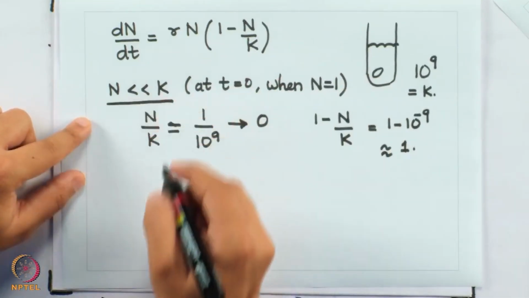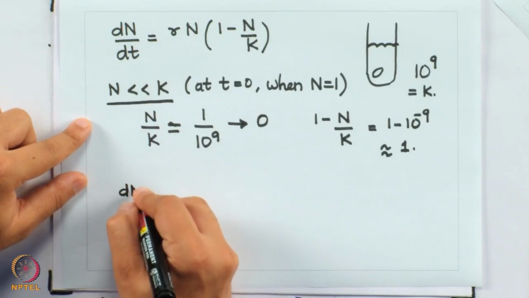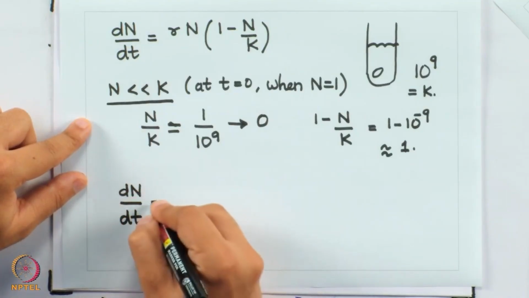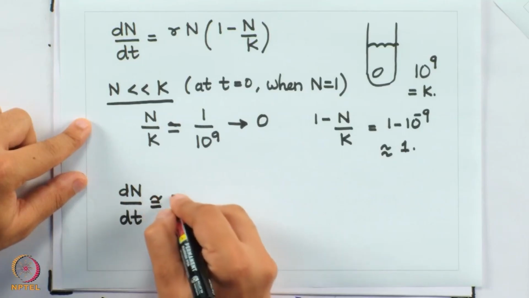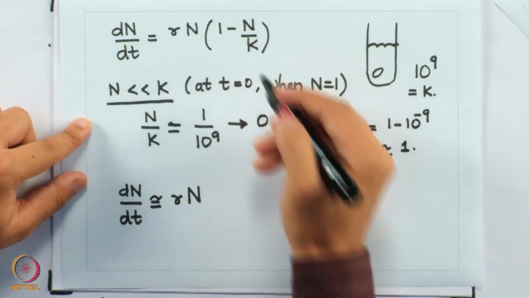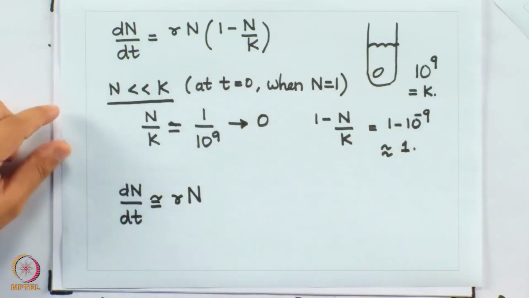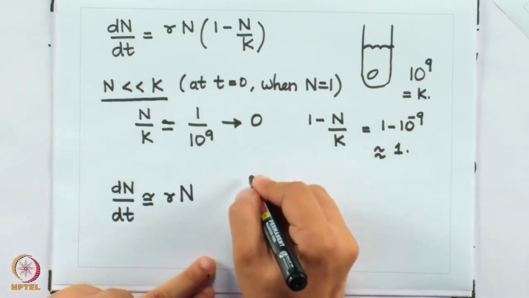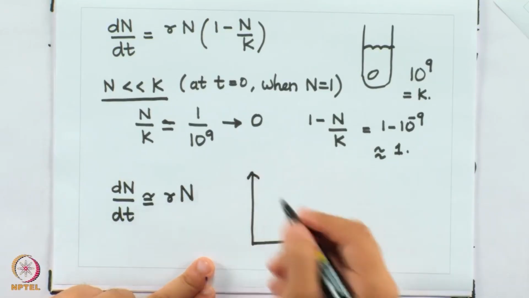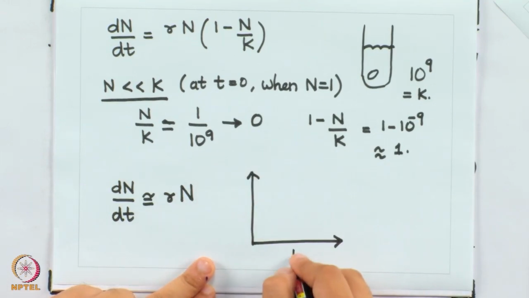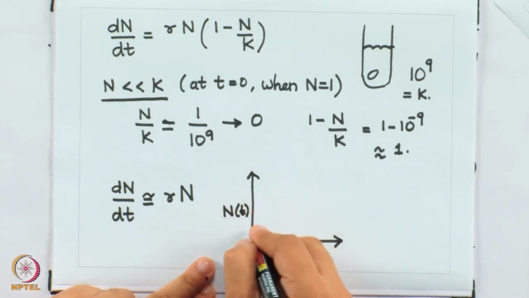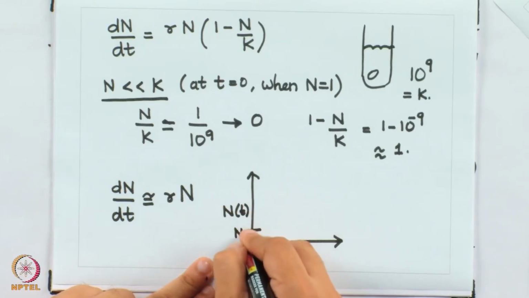So when N is much less than K, dN by dt can be approximated by just writing it as R times N, because 1 minus N by K is approximately equal to 1. Now if we plot this, we have already plotted this in the previous lecture, where we plot T versus N and we start with N naught number of bacteria.